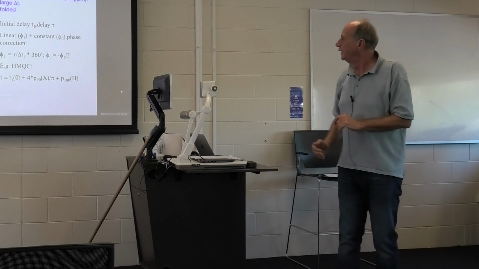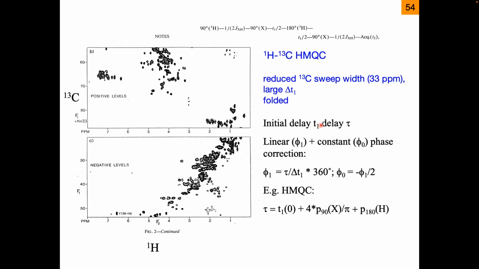So therefore, basically the first order phase in the convention that we use is the initial time tau that the spins spent in the transverse plane divided by the increment T1 times 360 degrees.